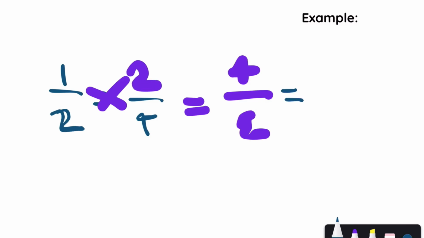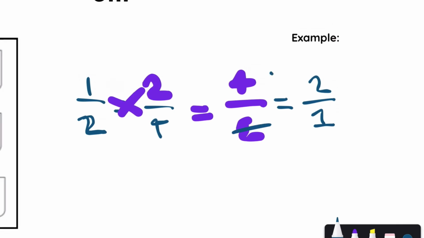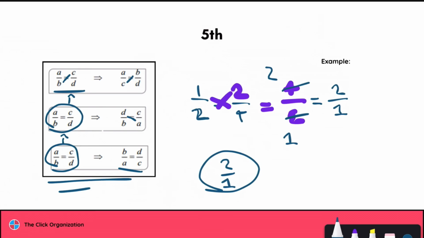So 4 divided by 2 and 2 divided by 1, okay? Both of them are the same, and both of them are equal because 4 divided by 2 is equal to 2 divided by 1, right? 2 divided by 1 is our answer. And this is why this property is valid. It only talks about the replacements of means, extremes, or of both.